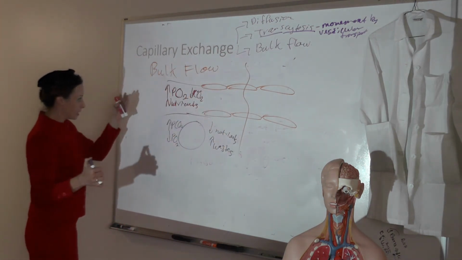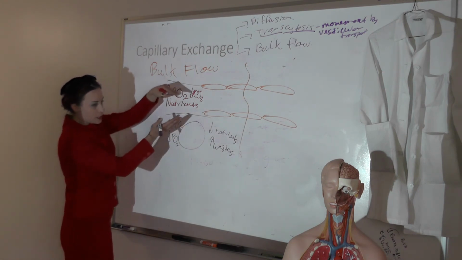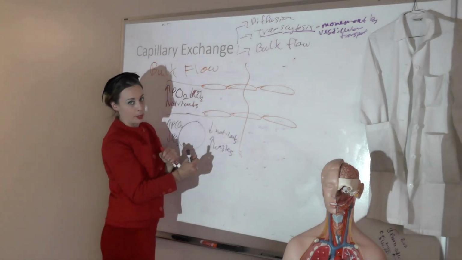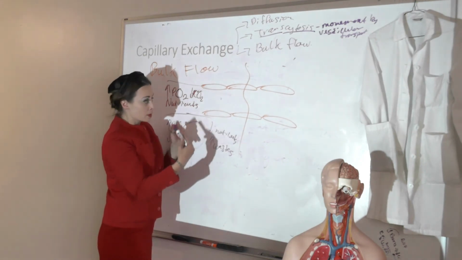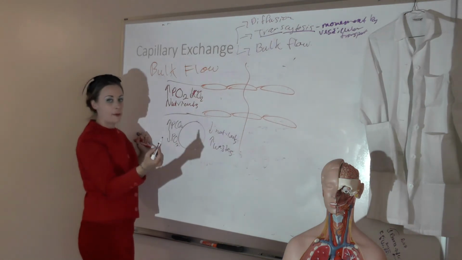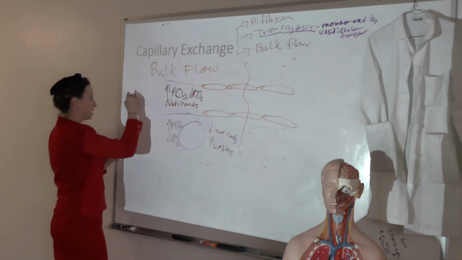So what's happening here in bulk flow? On the arterial side, we're using hydrostatic pressure to push against this semi-permeable membrane. What passive process is that? It's filtration. Filtration is the process that dominates bulk flow on the arterial end of a capillary bed.